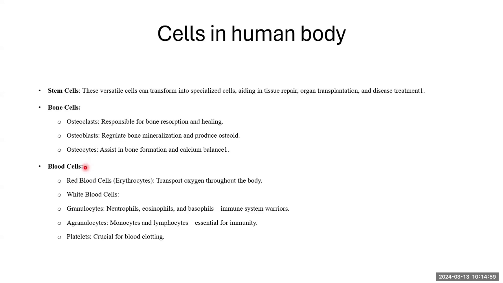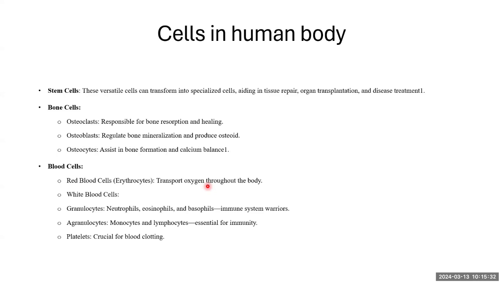There are different types of blood cells present: RBCs, red blood cells, also called erythrocytes. You don't have to remember this name. You can call them red blood cells, white blood cells, and then platelets. First are red blood cells. They transport oxygen throughout the body as we breathe. Air goes into our lungs, and our lungs extract oxygen from the air and send it to the blood vessels.